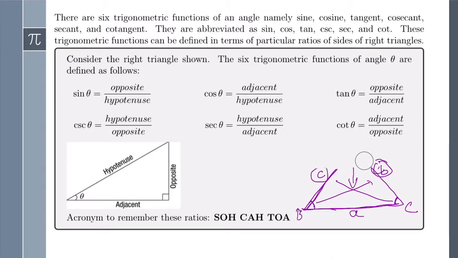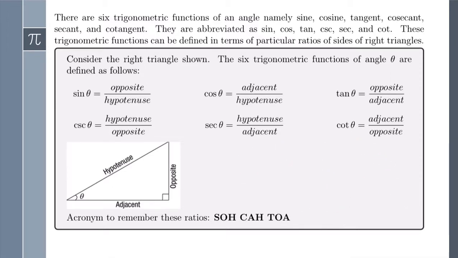Now let's consider a right triangle. A right triangle is a triangle in which one of the angles is 90 degrees. The 90-degree angle, or right angle, is denoted by a small square at the vertex. Let's say we are considering this angle, theta.